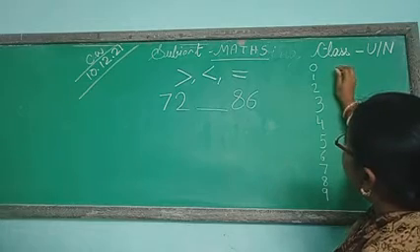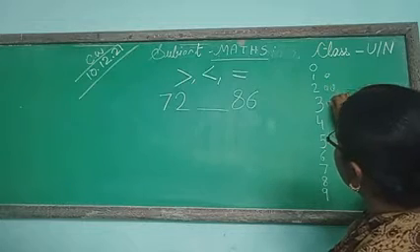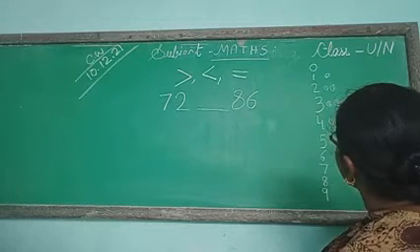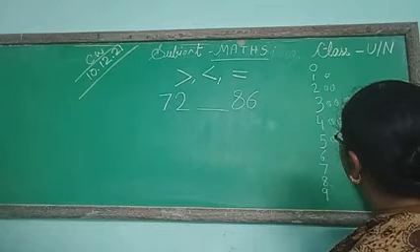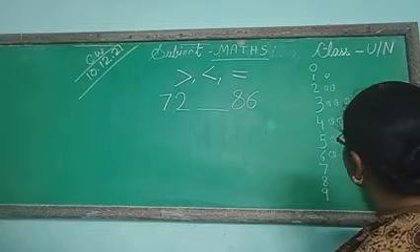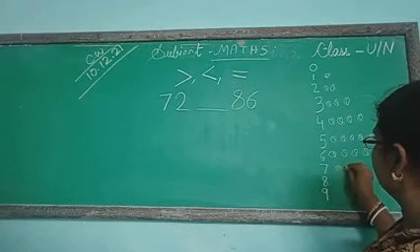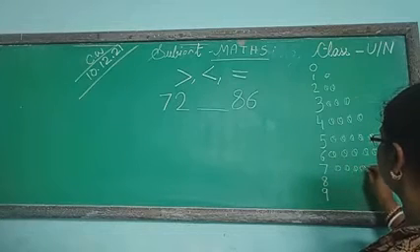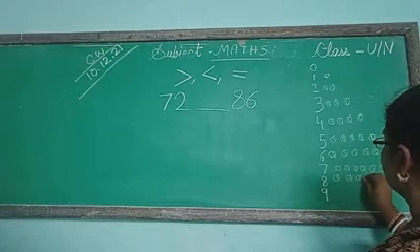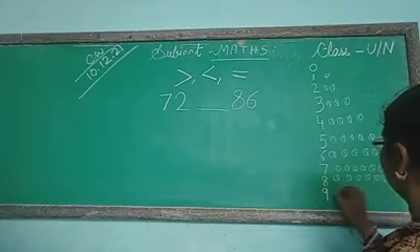See, if I count this one ball, here it will be 2 balls, here 3 balls, here 4 balls, here 5 balls, here 6 balls, here 7 balls, here 8 balls, and here 9 balls.